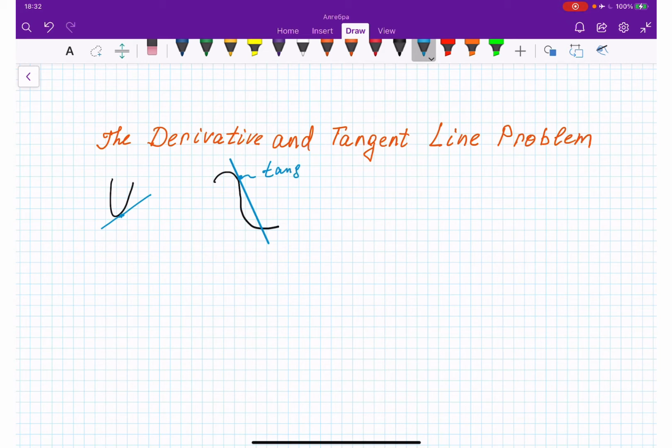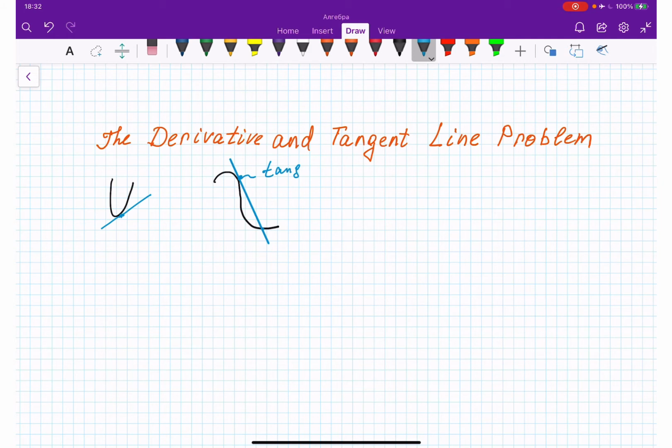But this is crossing. This point is not a tangent line. When it's crossing, it's practically crossing, it's not touching. Touching is from outside, but here it is just crossing the graph.